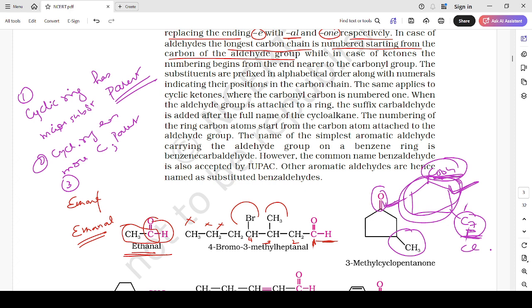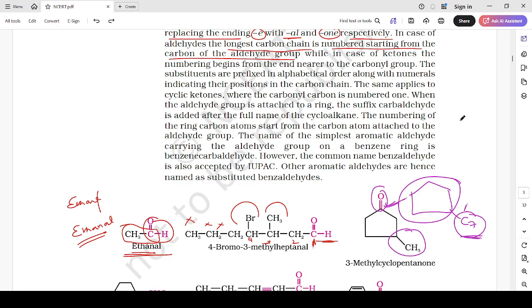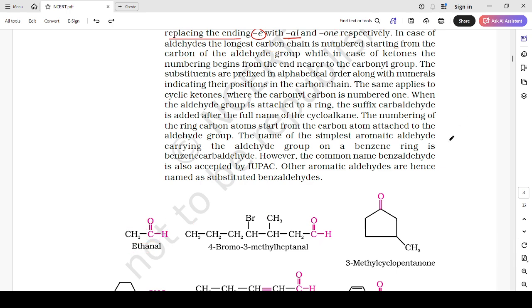Ma'am, where is the cyclic ring in the table? Is it more important than alcohols and aldehydes?